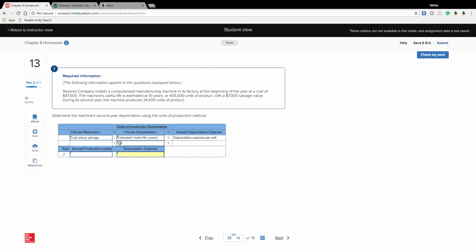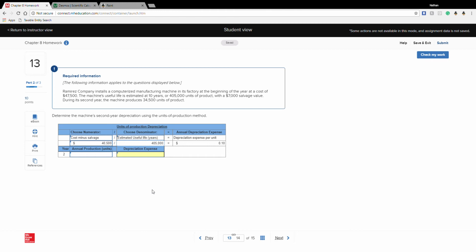So, cost minus salvage is still that 40,500 divided by now the units, 405,000 units, means each unit basically costs us 10 cents in depreciation. I know, exciting, ain't it?